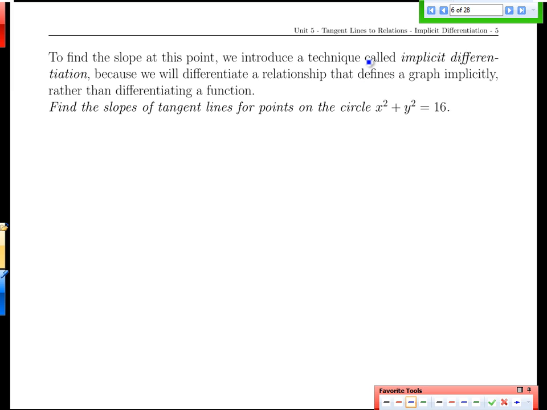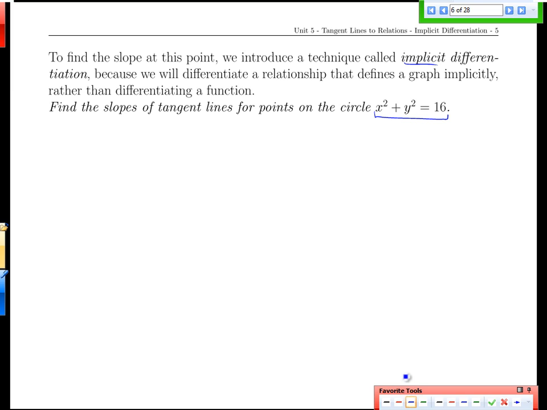The solution to our problem of how to compute those slopes is to use a technique called implicit differentiation. And the idea is that you're going to differentiate a relationship, so a relation is sometimes what it's called instead of a function, and because the graph is defined implicitly, not as y equals, but as some combination of x and y satisfying an equation, we can start with this and compute slopes.